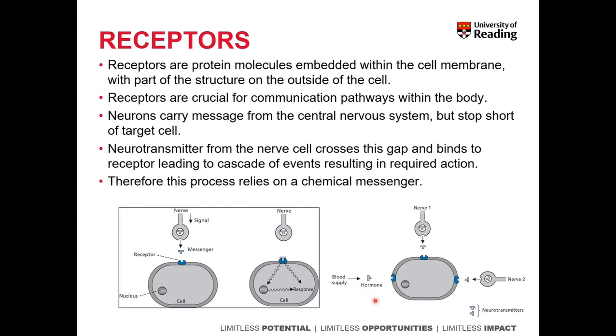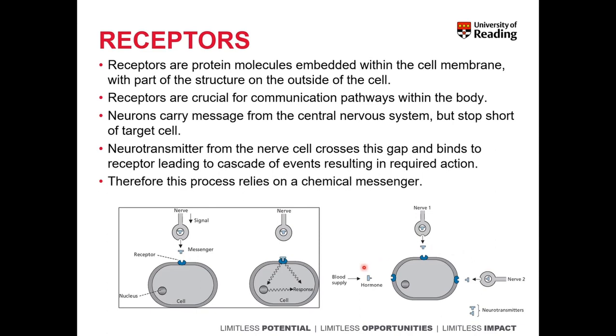Here is another example where we could have, in our blood supply, hormones, which are chemical messengers. These hormones can also interact with the surface of the cell. They can also interact with receptors, and a cell can receive messages from many different sources, including from hormones within the blood to nerve endings that happen to terminate close to that particular cell or cell type.